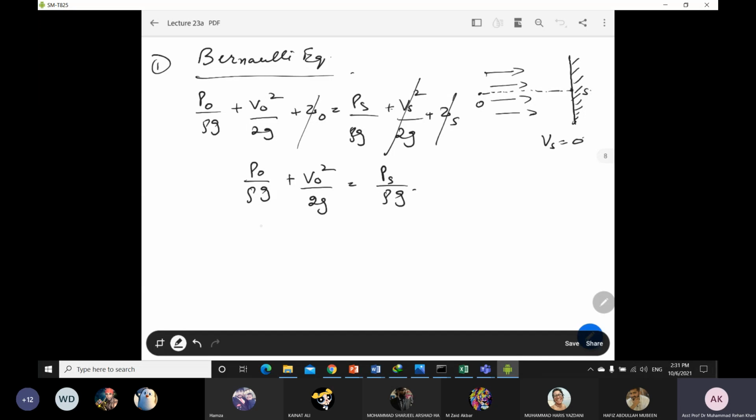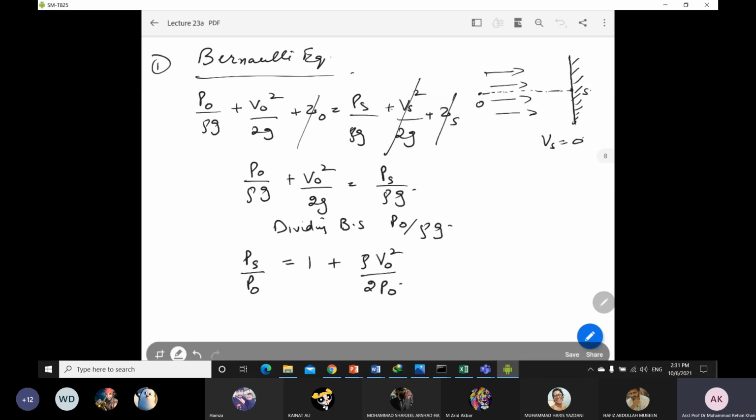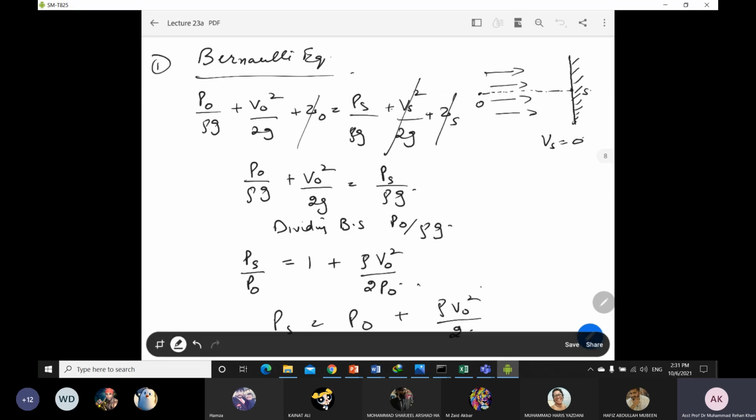Now if I further simplify it by multiplying both sides by rho g, the equation becomes Ps divided by P naught is equal to 1 plus rho V naught squared divided by 2 P naught. So this equation can also be written as Ps equal to P naught plus rho V naught squared divided by 2.